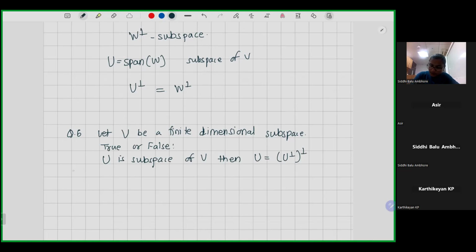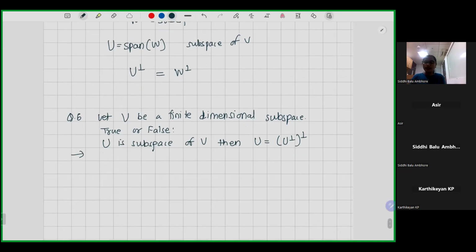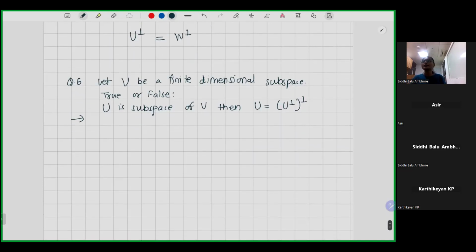If you remember, we were discussing this and we were kind of stuck, because we know that if U is equal to U perp perp, then U is a subspace. But if U is a subspace, can we always say that U is equal to U perp perp? So this happens only in the finite dimensional case and not in general.